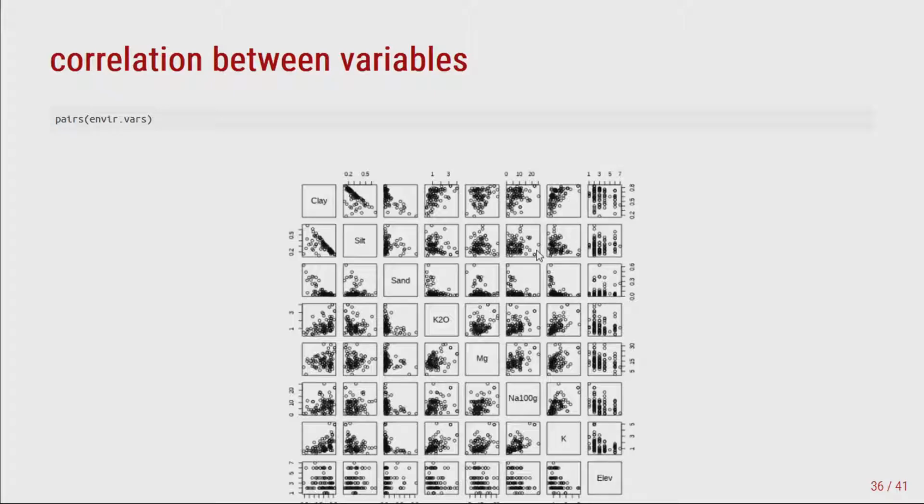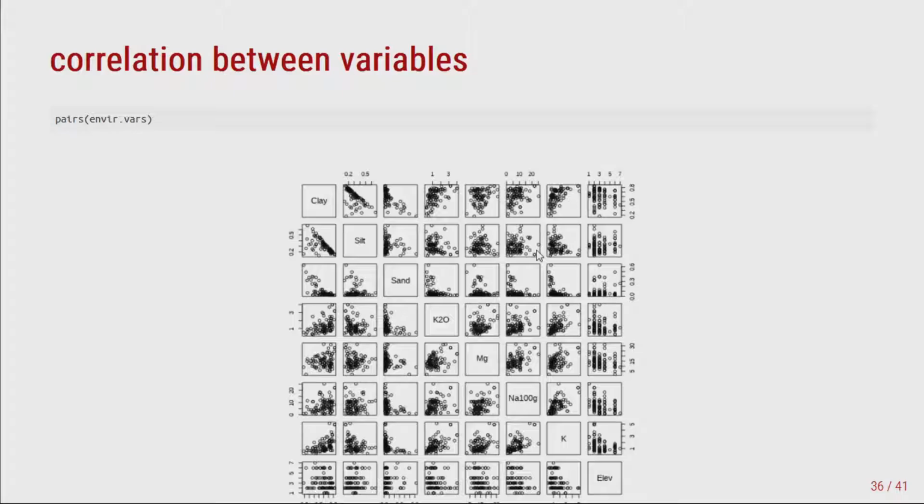In base R, we can visualize those correlations with the function pairs. So this is like doing a scatter plot for my entire matrix. Again, this is the same structure as in my correlation matrix. So I have a diagonal here, and this is good because I have the name of the variables, and I can check the correlation between clay and silt.